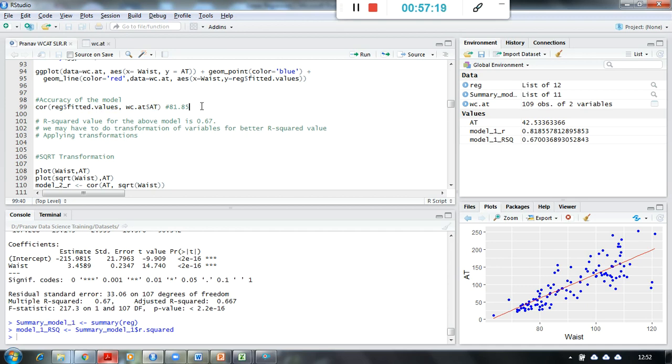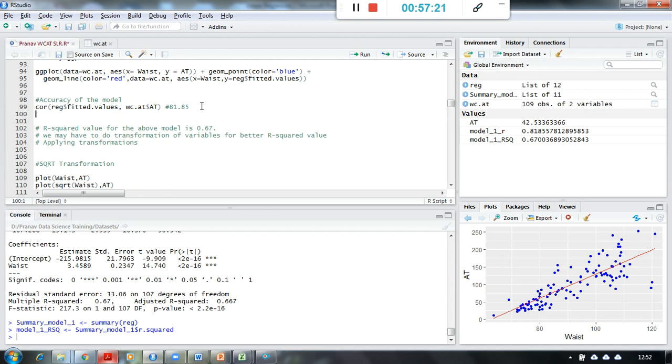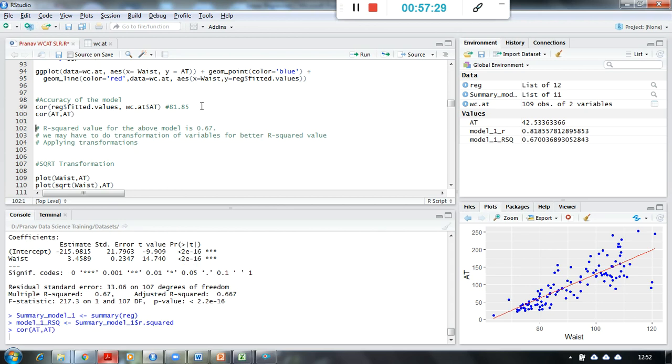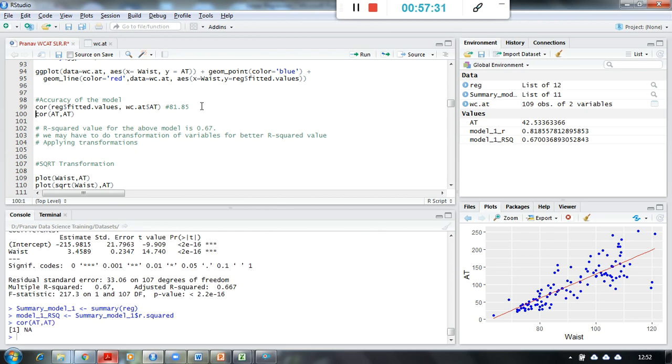If I check the correlation between AT and AT, using COR between AT, comma AT, oh sorry, what happened? I have detached it, I think.